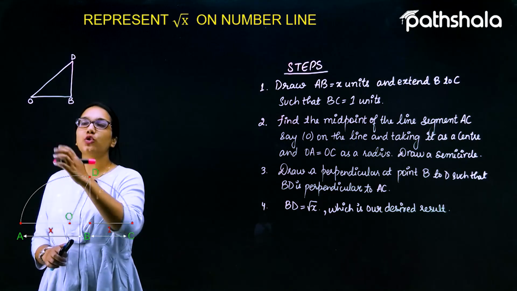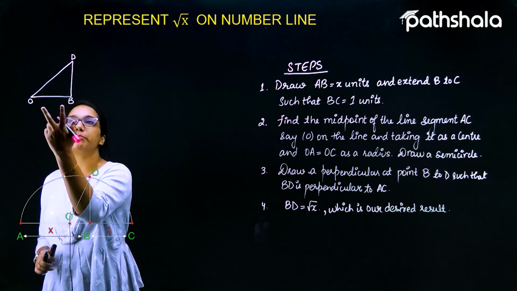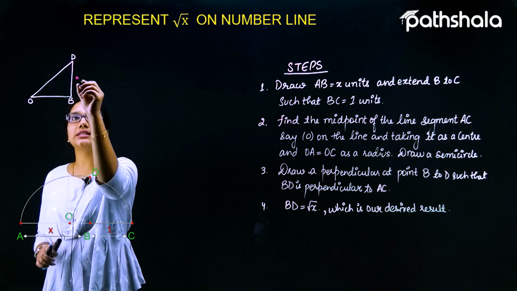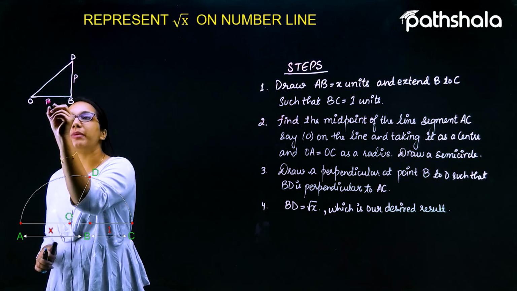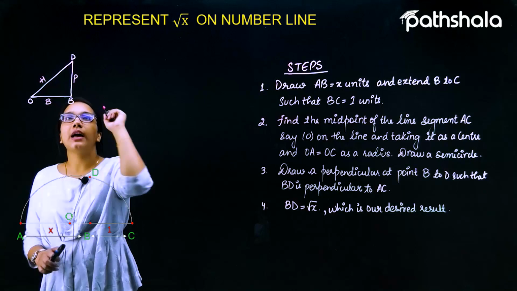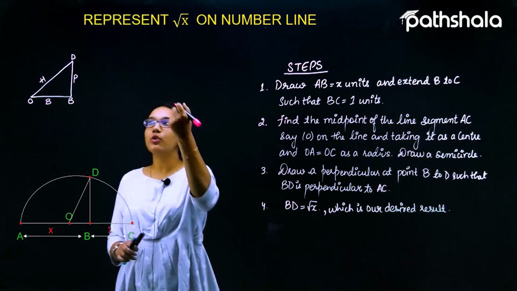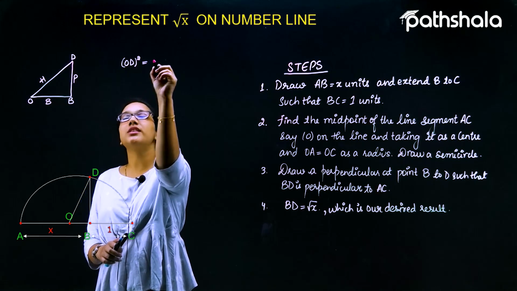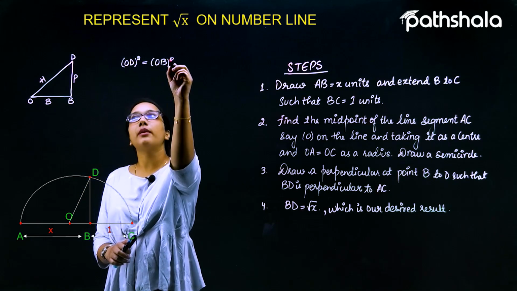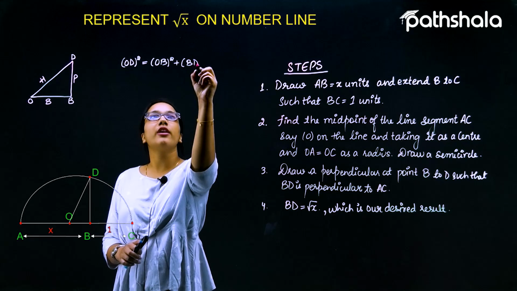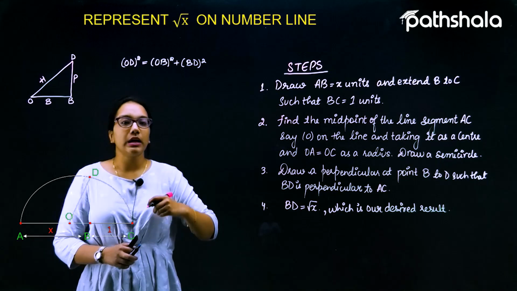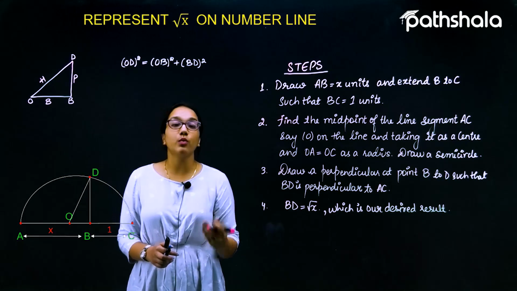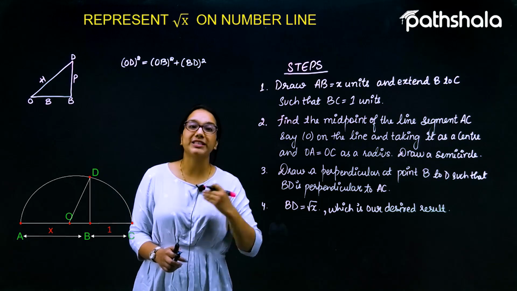Let us talk about the hypotenuse, the base, and the perpendicular. This is the perpendicular, this is the base, and this is the hypotenuse. As per the Pythagoras theorem, OD square is equal to OB square plus BD square. Why so? Because hypotenuse square is equal to perpendicular square plus base square.